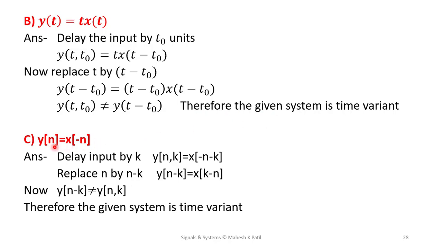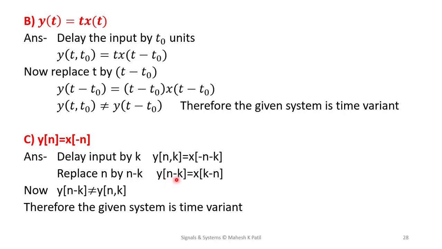Next system is y(n) equal to x(minus n). Here delay the input by k units. Therefore we get y(n, k) equal to x(minus n minus k). Now replace, in the original system equation, n by n minus k.